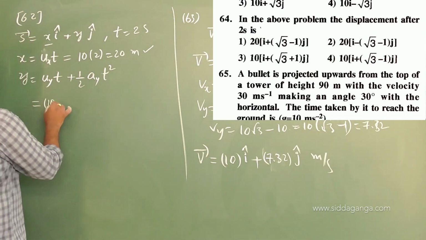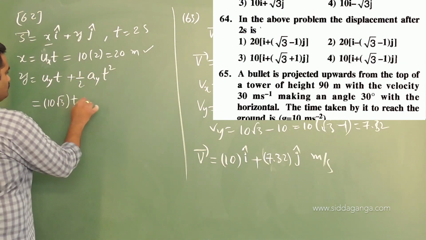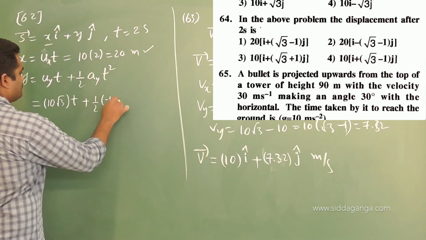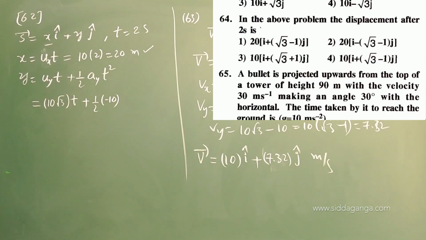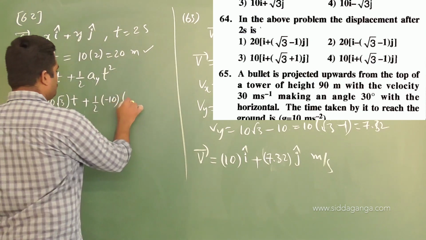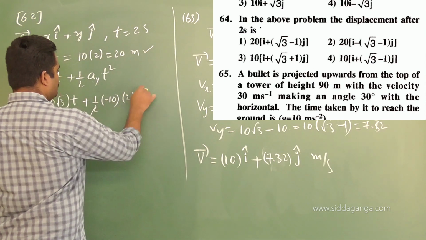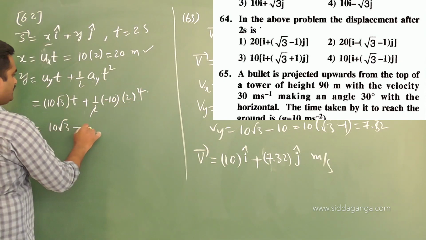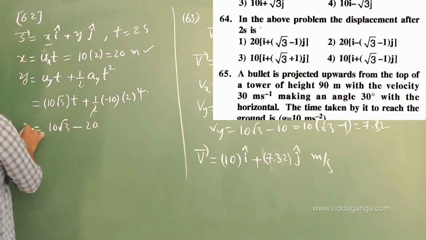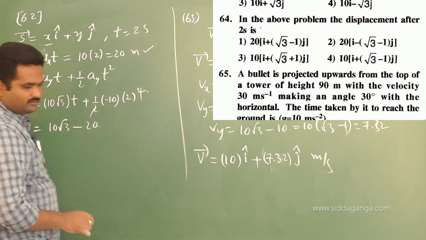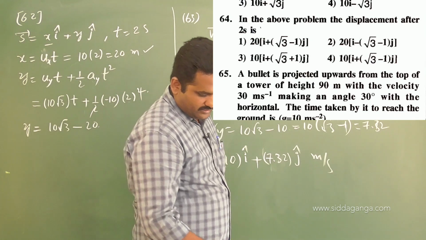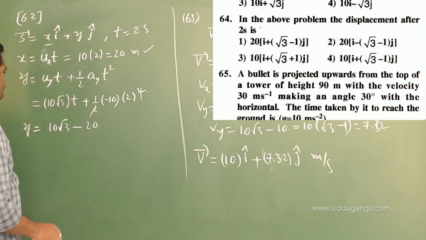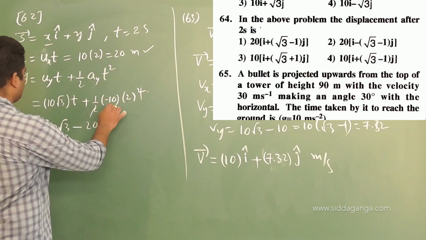This is 10 root 3 into 2, plus half ay into t square, where ay is minus 10, that is 9.8, or I am going to take minus g, into 2 square. So the half and 2 get cancelled, this is minus 20. This is 10 root 3 minus 20, the value of y. They have given options in terms of root 3 minus 1 only, so let me write it like that only. This is minus 20.